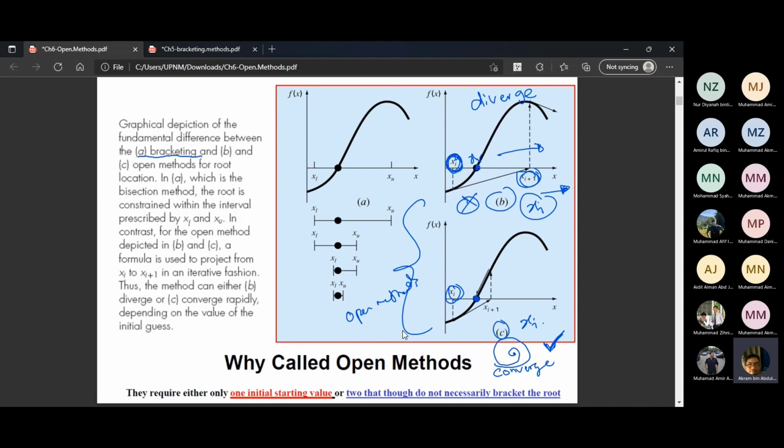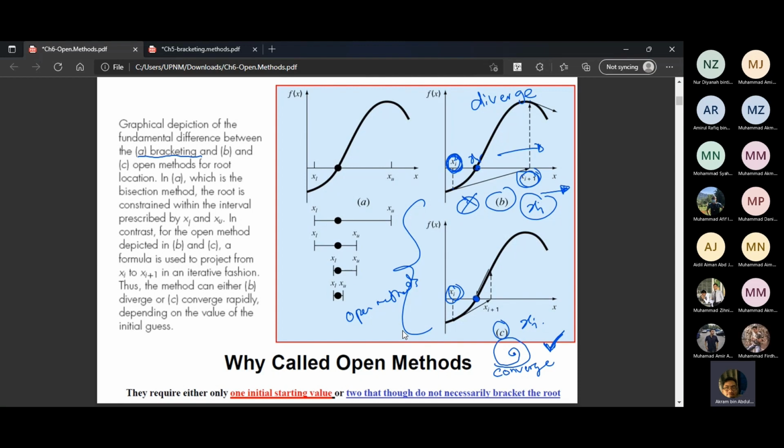So the diverging and converging happens. How converging and diverging happen? It will depend on the initial value that you choose. One of the reasons diverging or converging happen is depends on the value of x i that you choose as your initial value.